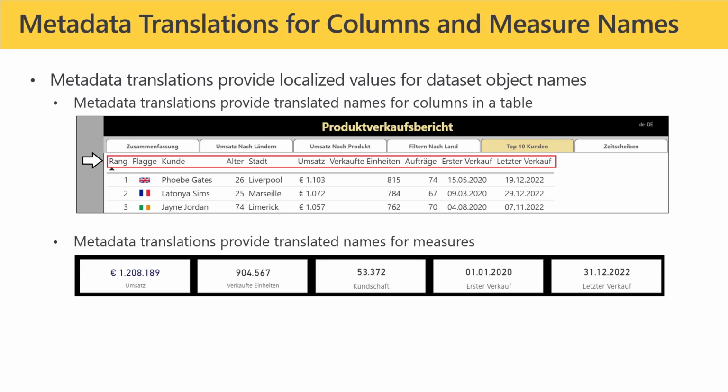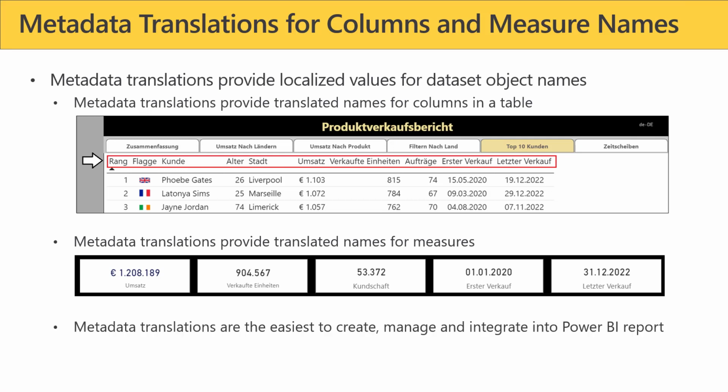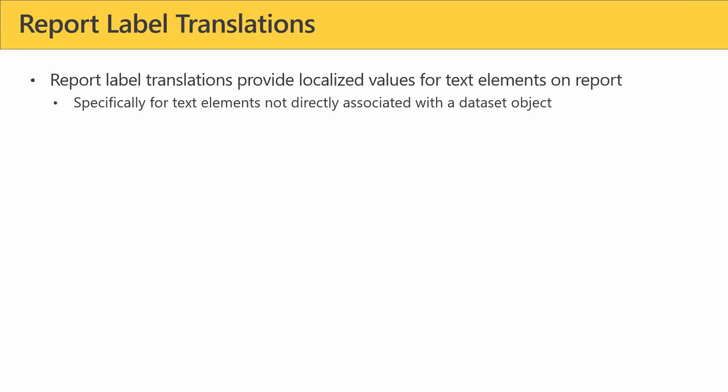Also, if you look at the card visuals on the first page of the live demo report, you'll see that the names of the measures are basically shown just below their values. Now, metadata translations turn out to be the easiest ones to create, because once you basically add them into the place that they need to be, they basically just work. They load automatically.